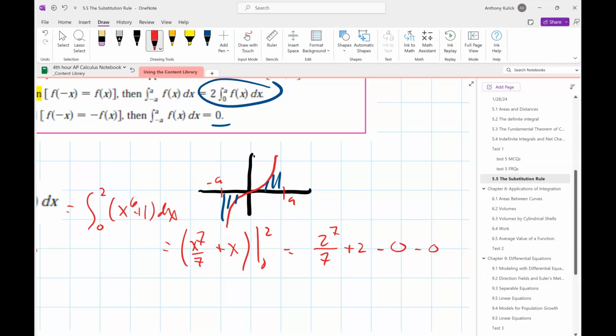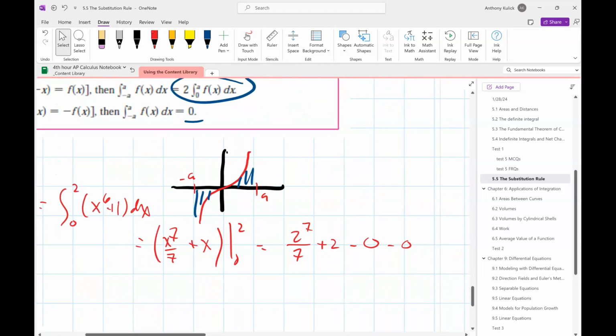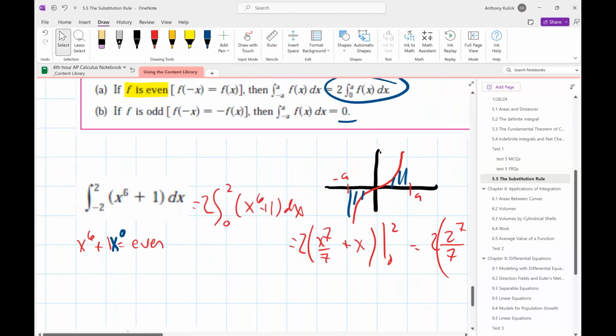Although it is nice having the 0 there, right, for plugging in. Oops, we forgot the 2 there. Right, sorry. I forgot the 2 from the formula. Yeah, just from the formula.